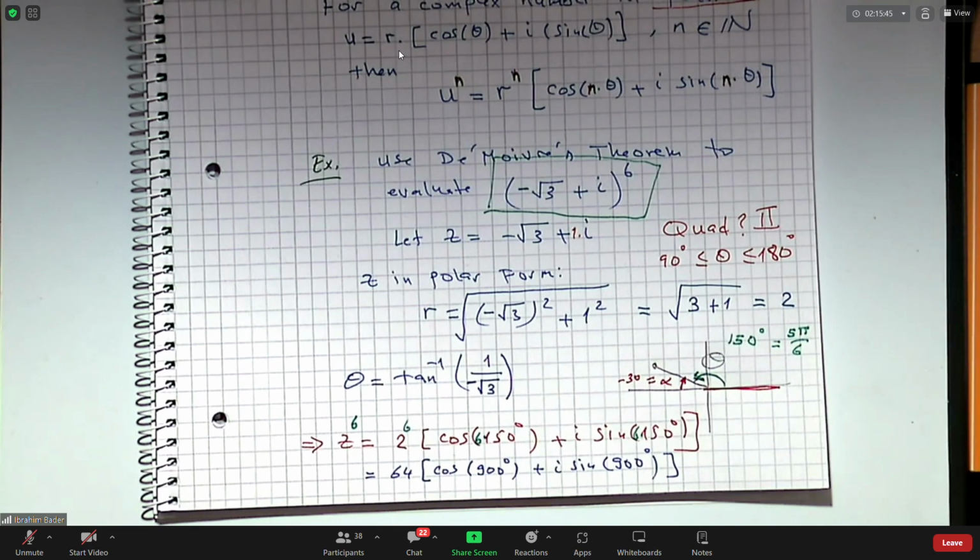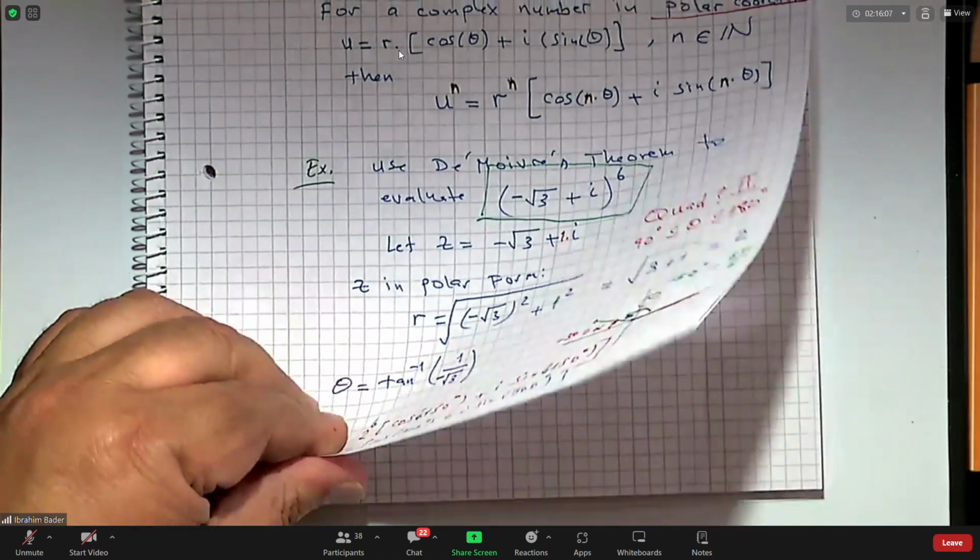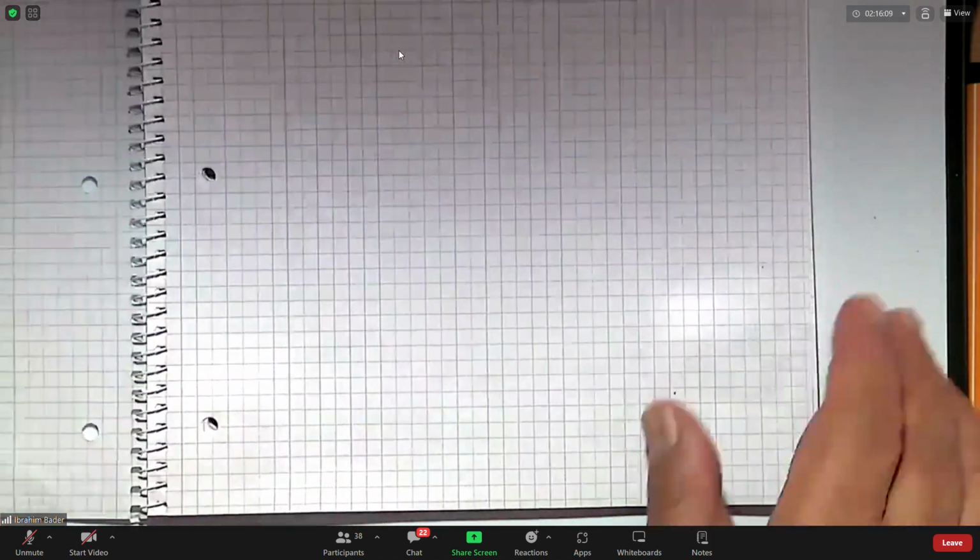We started with chapter 1 and said that some functions are periodic. That means they repeat themselves after some period, and this is exactly 180.